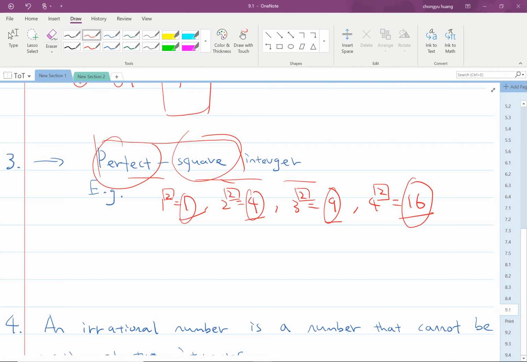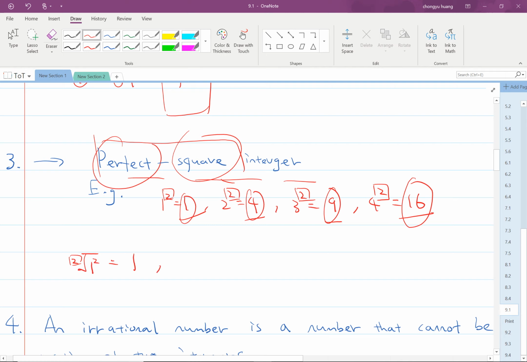One more thing I want to talk about is that those will be useful for us to find the square root. Suppose we have root 1. You can see it will be 1 because 1 is 1 squared, right? It will be the same.